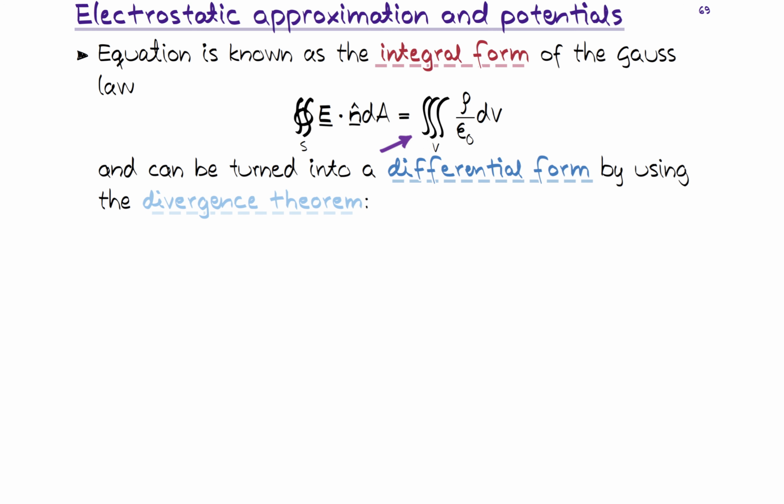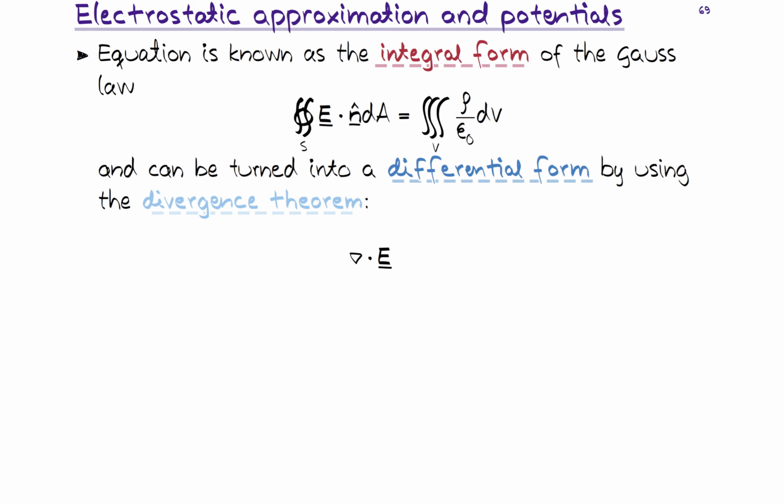And since this equality must be fulfilled for all volumes V that we can imagine, we can get rid of the volume integrals and instead look at the integrands. For all kinds of volumes this equality must hold, and this means that we can in fact get rid of the integration altogether. We could just imagine that we make the volume of integration smaller and smaller, and then in each of those points the equality between the integrands must apply.